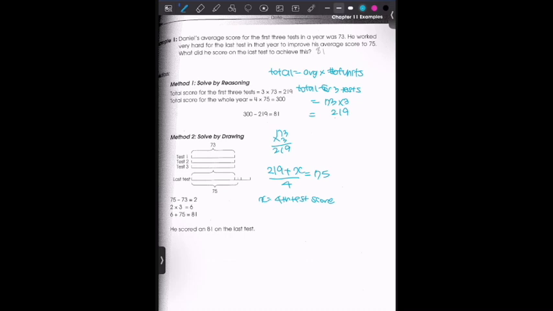And so we know that 219 plus x is equal to 75 times 4, which is equal to 300. So x is equal to 300 minus 219, which is 81. And so on his last test, he earned a score of 81.